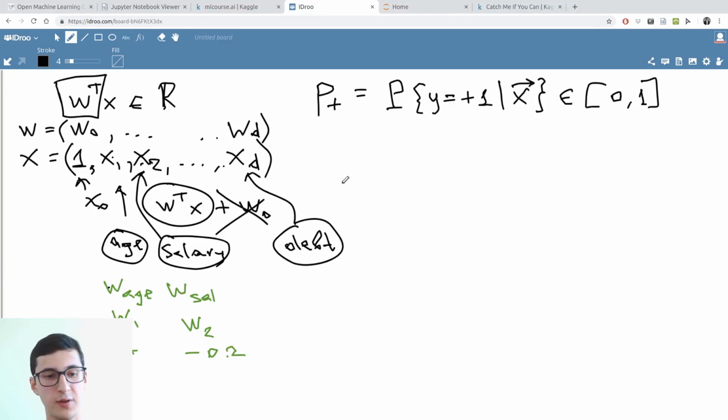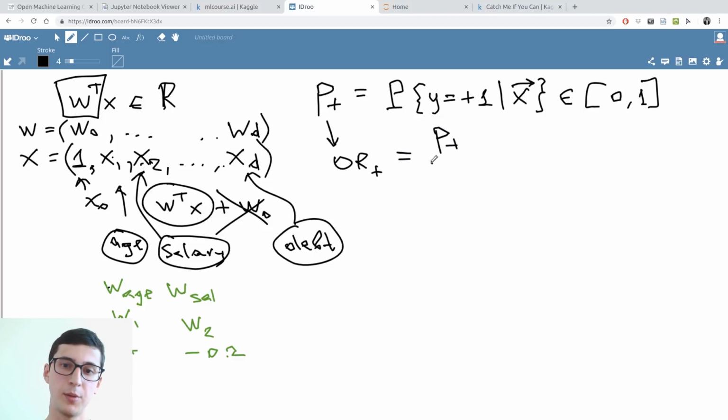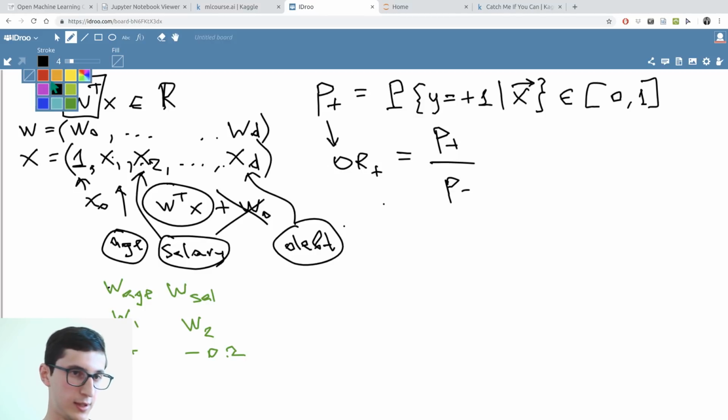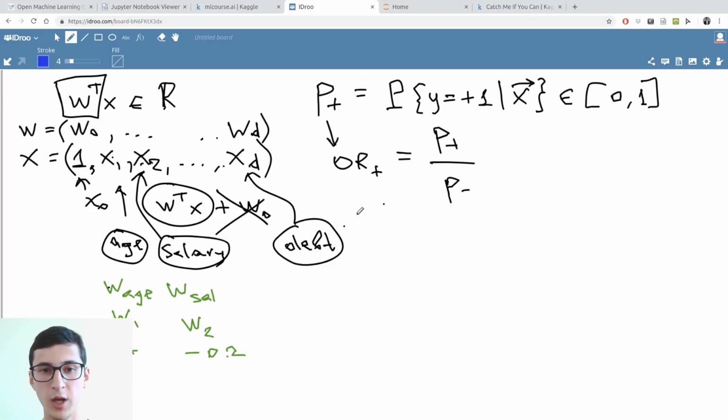Okay, so first step to do is that from predicted probabilities we can simply switch to predicted ratios. Odds ratio will be by definition P plus divided by P minus. It's a really simple thing. So let's say we've got just a small detour explaining this odds ratio.